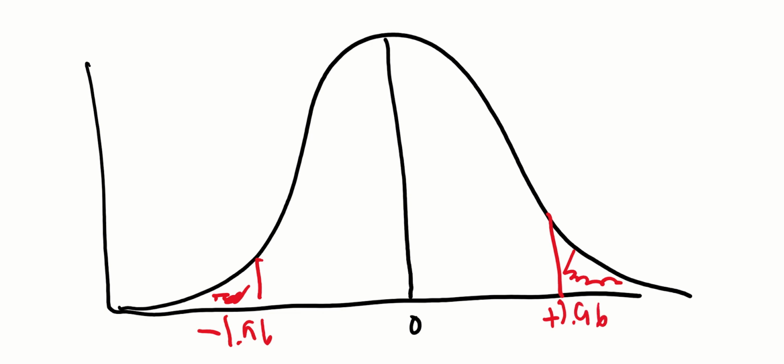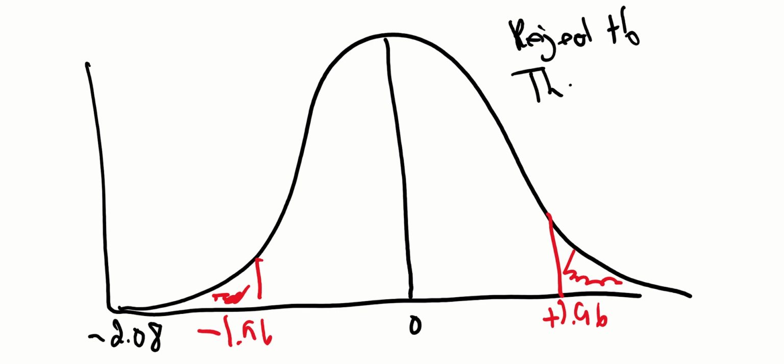Our z-obtained is negative 2.8. It is definitely in the rejection region, so we will reject the null hypothesis. There is a statistically significant difference.